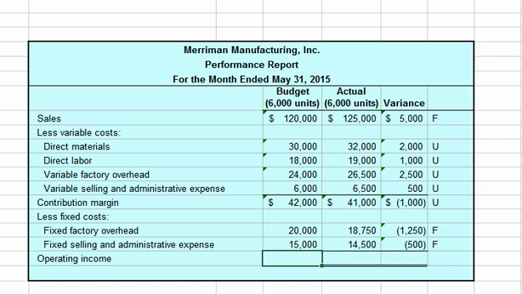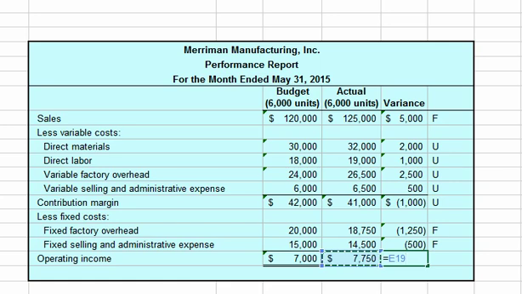Now our operating income, we'll say our contribution margin minus our fixed cost. We get operating income. The budget was $7,000. Actual operating income though was $7,750.